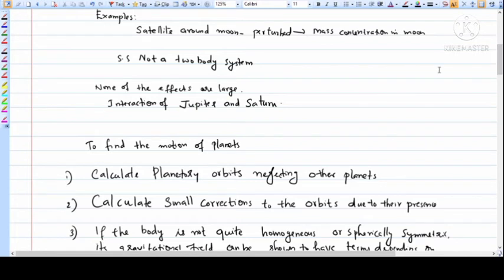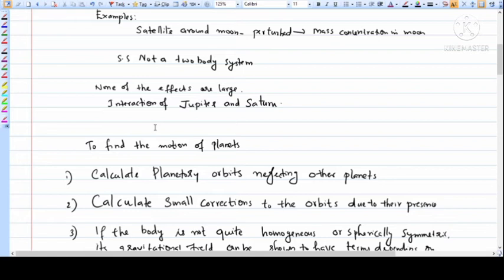In the solar system, the largest interaction is between Jupiter and Saturn, and this interaction will change the speed of each planet.